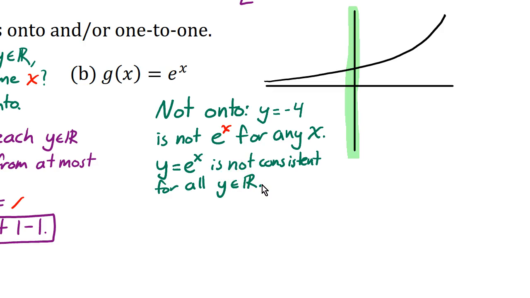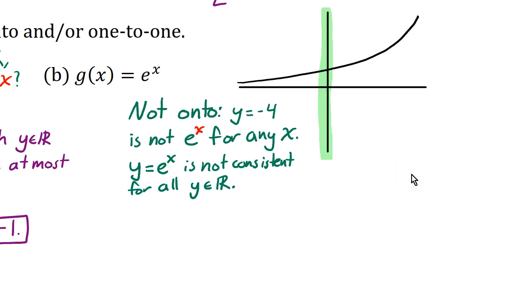There are going to be some values of y where, when you plug it in there, you cannot find an x that makes it true. Okay, now is it onto? Meaning, if you think about this equation, y equals e to the x.